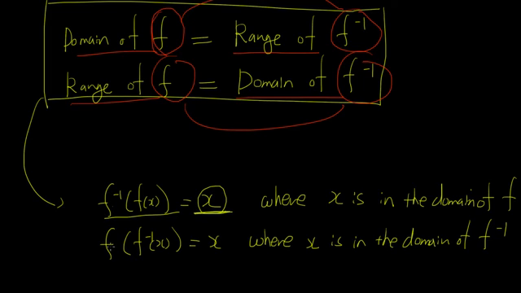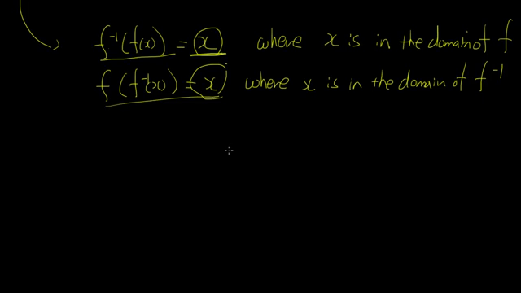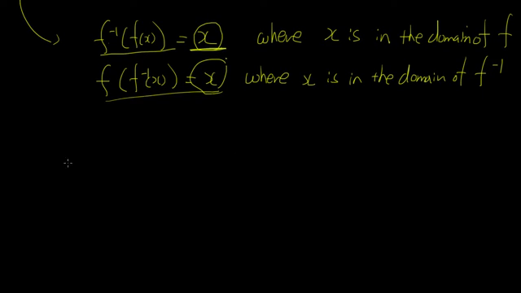It doesn't matter which one you apply first. Whether you use f inverse of x as input of f of x, or f of x as input of f inverse of x, the result should always be x. So we can apply this and use it as an example.